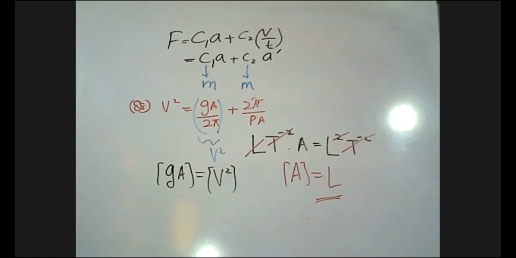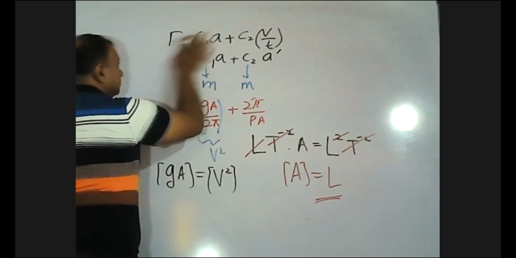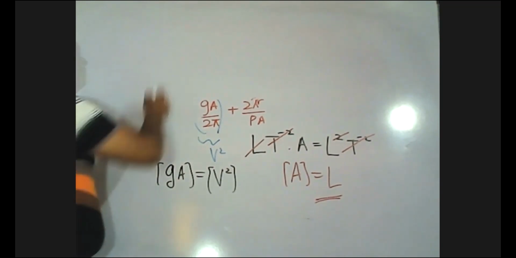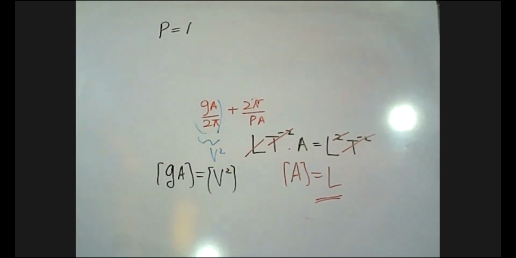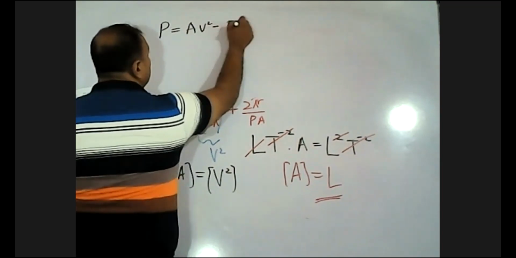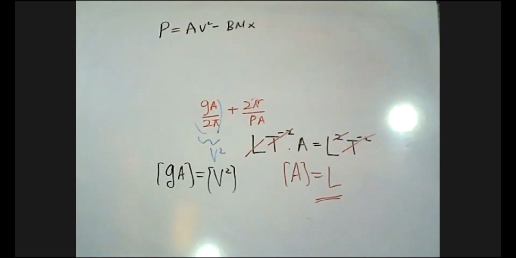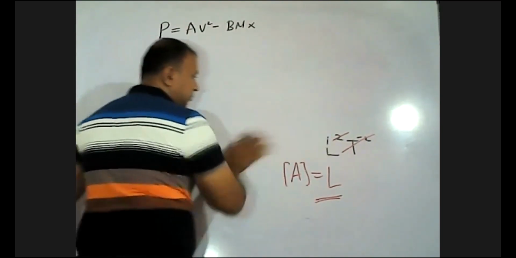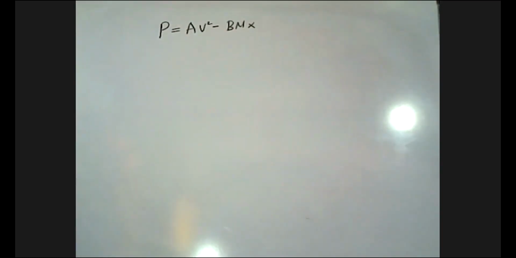Dimension of A and B. Okay, we know P is the work done, no? P is equal to AV square plus BMX.